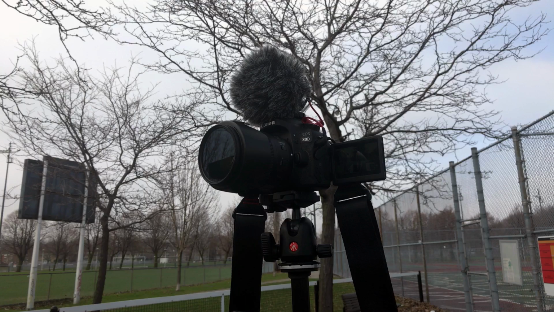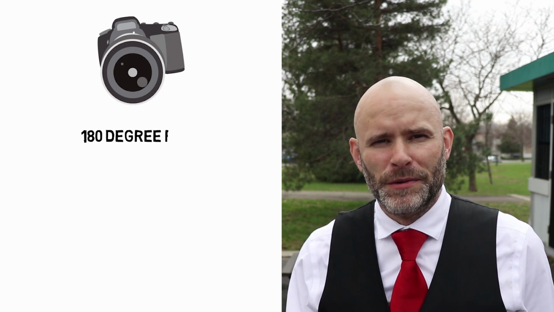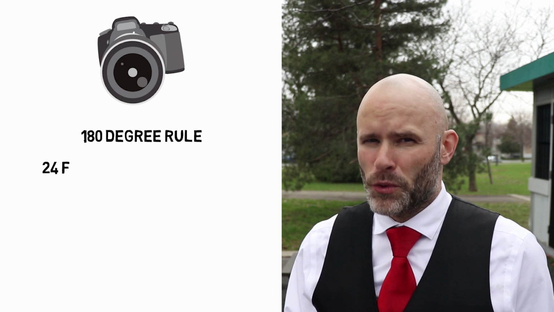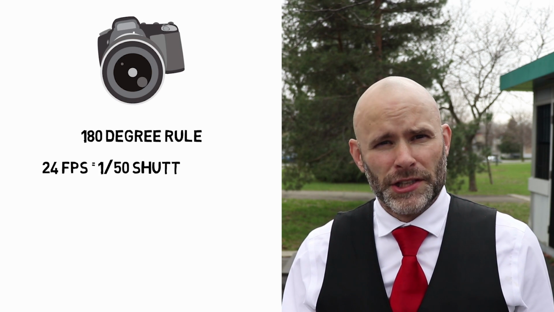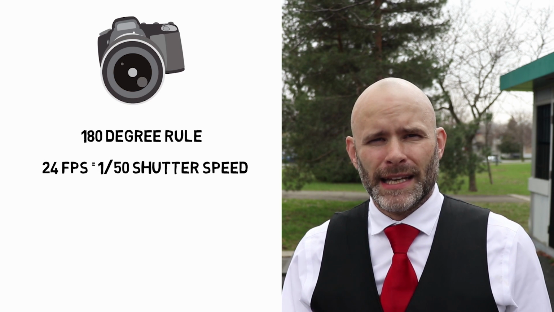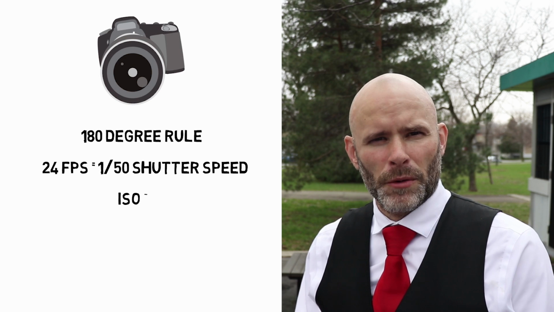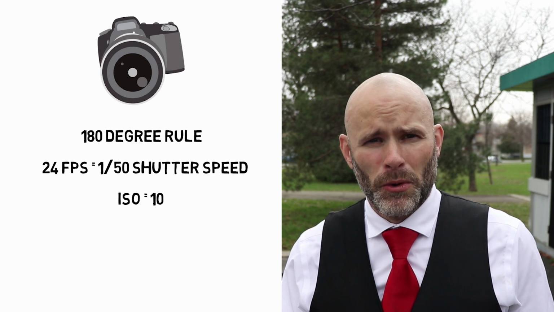Well, currently I'm recording this video with a variable neutral density filter on my camera lens. And as you can see, I'm relatively well exposed. I'm also respecting the 180-degree rule. So I'm recording at 24 frames per second with a shutter speed of 1/50th of a second, and I have the ISO set to the lowest it can go on my Canon 80D just because we are recording outdoors, so ISO 100.